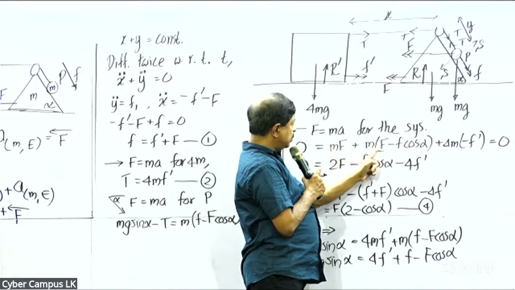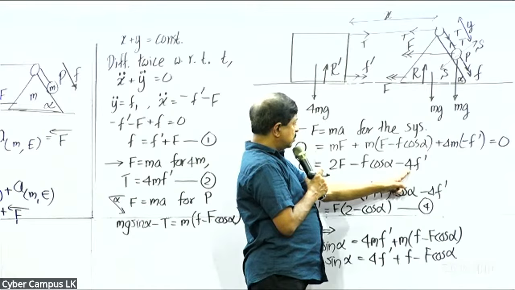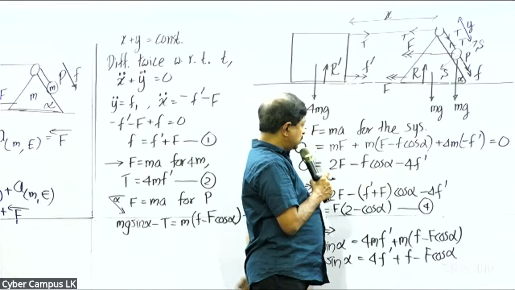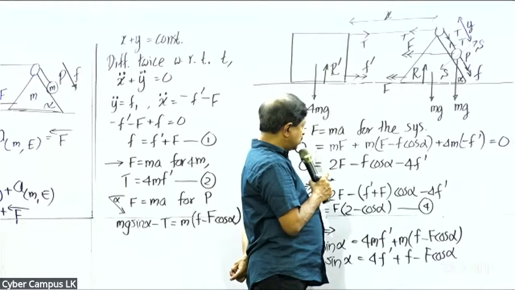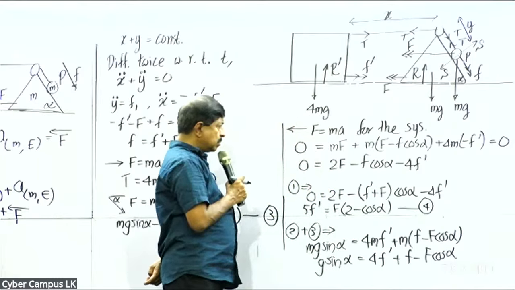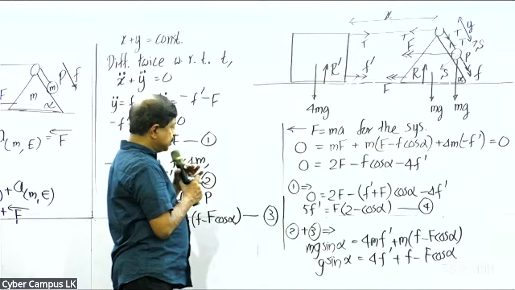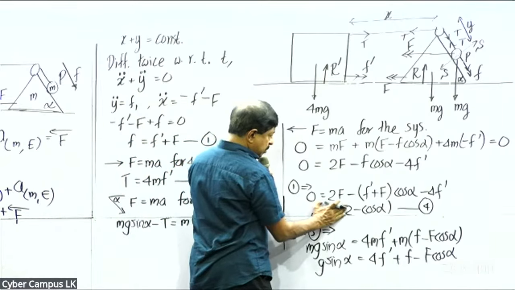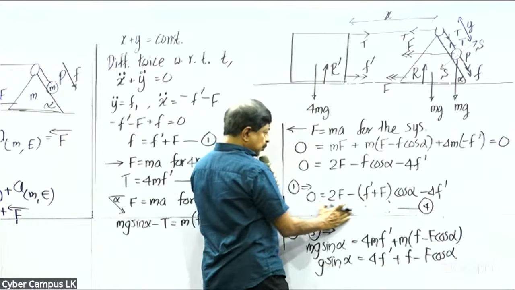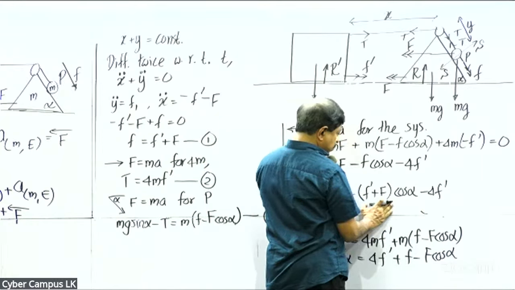To F, this way I have made the mistake. The simplification is wrong, right?